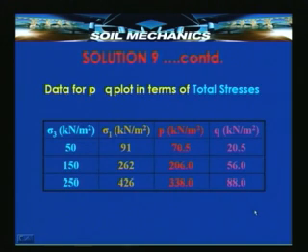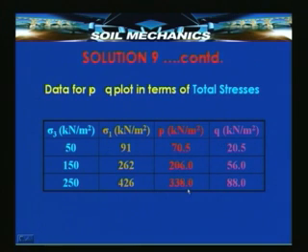Now, suppose you want to determine the same thing using PQ plots. The data for plotting the PQ straight line in terms of total stresses will be this, because we already know the values of sigma 3 and sigma 1. P is nothing but the sum of the 2 divided by 2, Q is nothing but the difference between the 2 divided by 2.